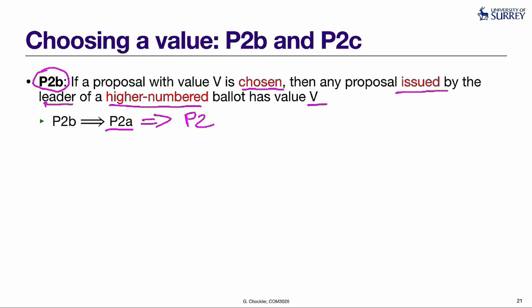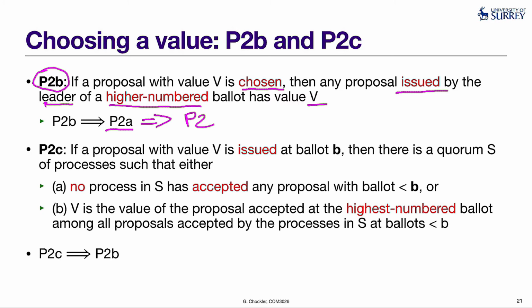The instructions for that are given by this condition P2C. P2C is a further refinement of P2B, which gives the leader much more precise instructions as to what it should do in order to enable P2B, P2A, and P2.